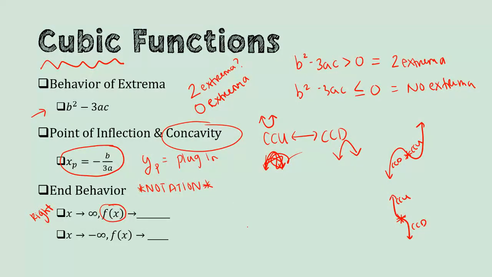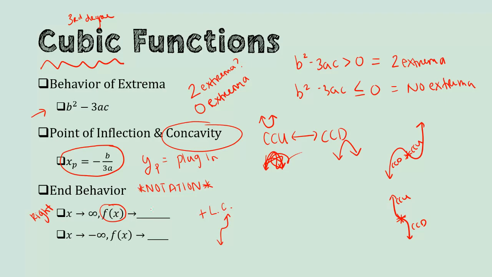Well, if we're dealing with a cubic function, that's a third degree. Maybe I should write that somewhere. So we need to pay attention to the leading coefficient. If my third degree polynomial has a positive leading coefficient, I don't know what's happening in the middle, but my ends are going to behave like an increasing line.